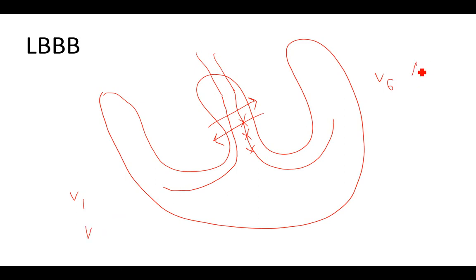Now first, the right ventricle will be depolarized as the right bundle branch is okay.